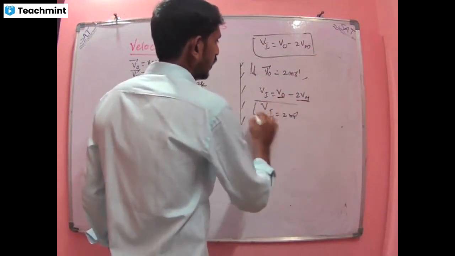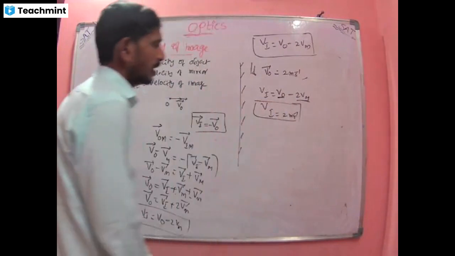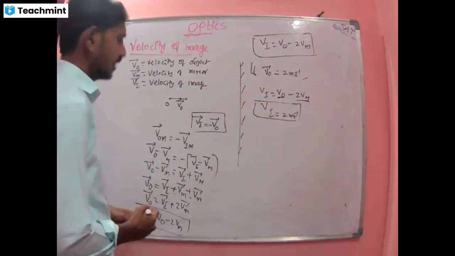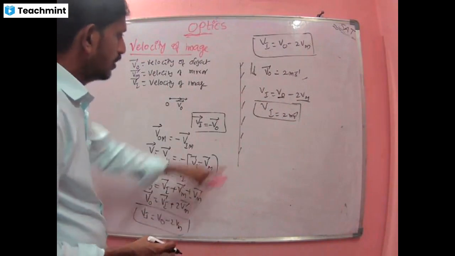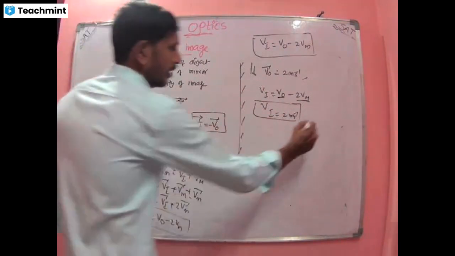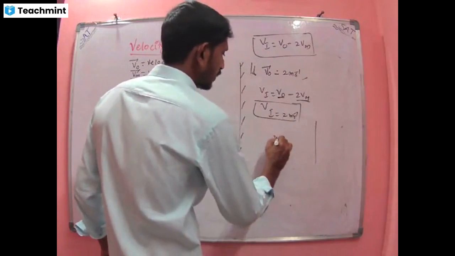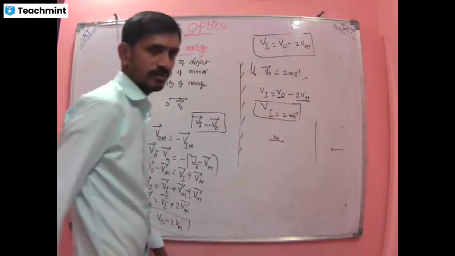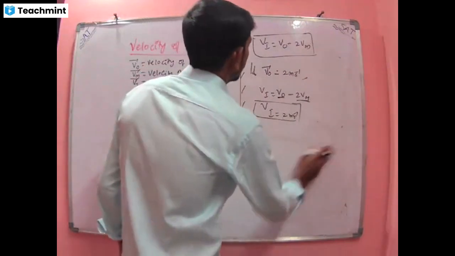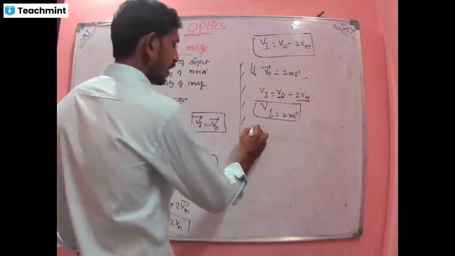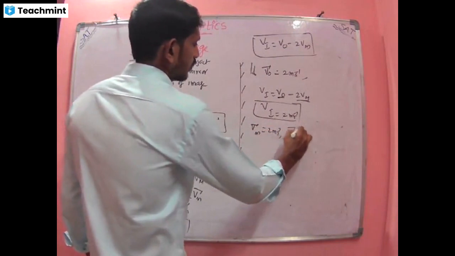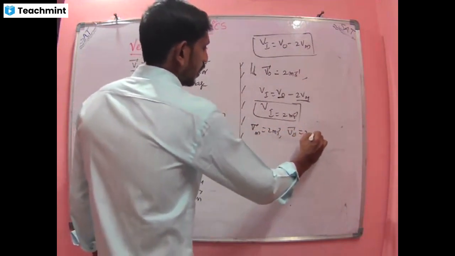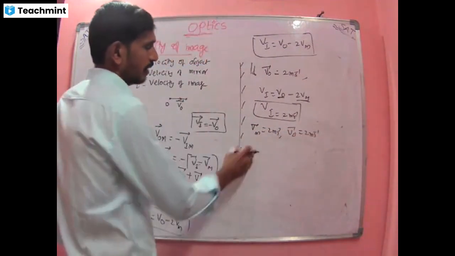Now suppose the mirror is moving in this direction. Then VO minus 2VM is the velocity of the image. For example, if the velocity of the mirror is 2 meters per second and the velocity of the object is also 2 meters per second, what is the velocity of the image?